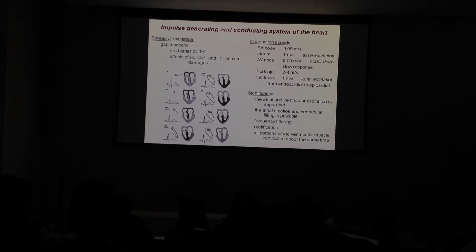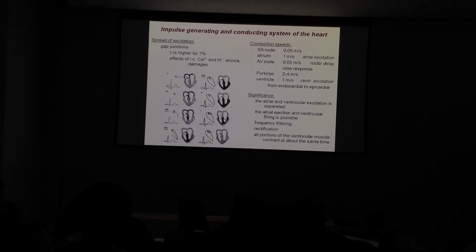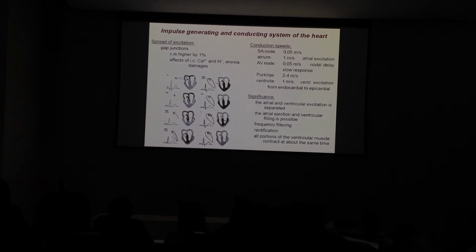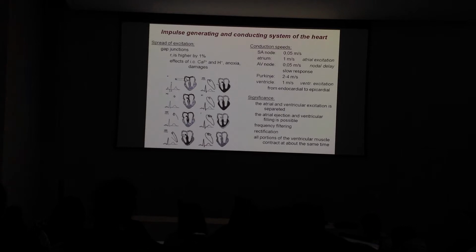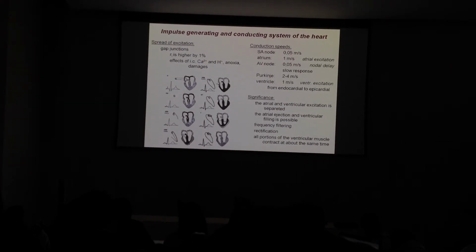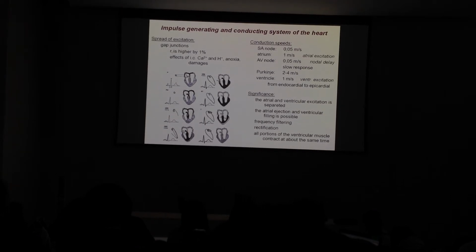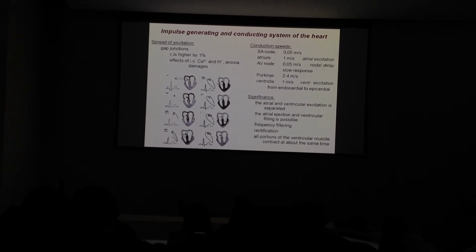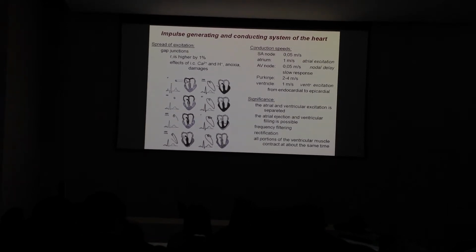Okay, now we have discussed the most important features of the pacemaker action potentials and the action potentials of the working muscle fibers. Now, the next topic is to discuss how the excitation spreads from the SA node around the conducting system and is able to depolarize the whole heart.